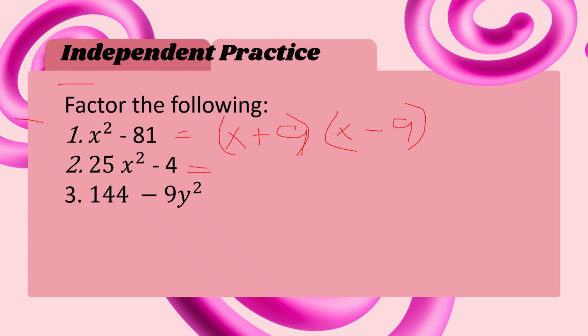Okay, so for number 2, 25x squared minus 4, we have 5x, another 5x. The square root of 4 is 2, so that's plus 2, of course, minus 2.